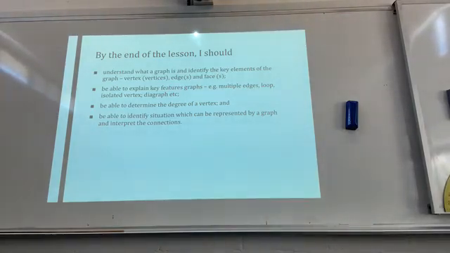You need to know what multiple edges are, what a loop is, what an isolated vertex is, a digraph, and so on and so forth. Now, you should be able to determine the degree of a vertex as well, and be able to identify situations which can be represented by a graph and interpret the connections.